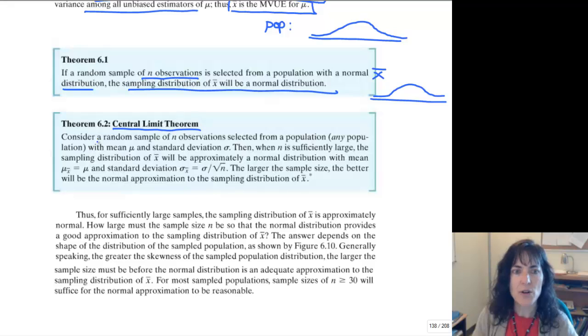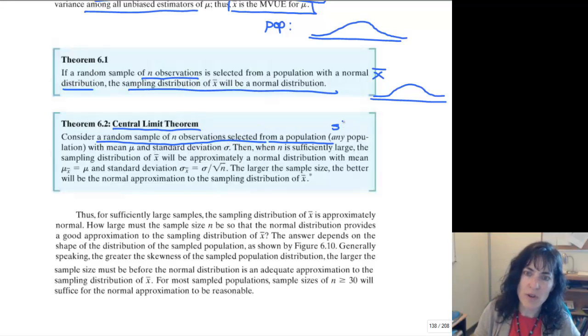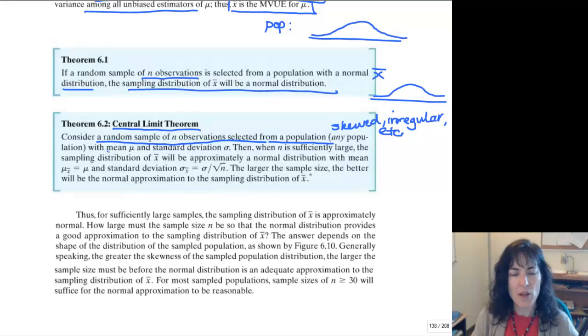It says, consider a random sample of n observations selected from a population, and that could have any shape. So that could be skewed, irregular, etc. We don't care. And you have some mean and some standard deviation.